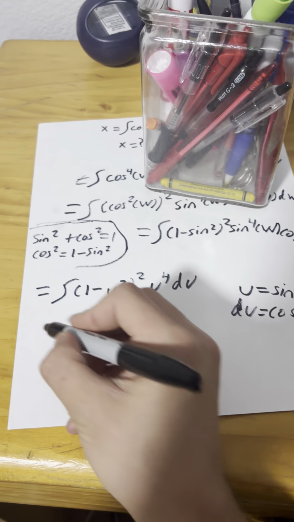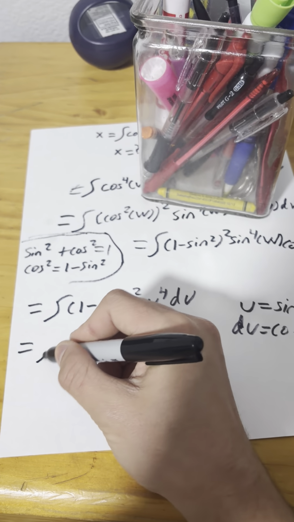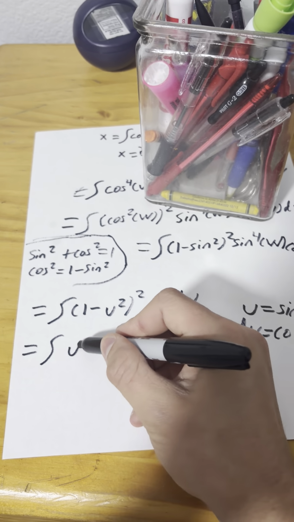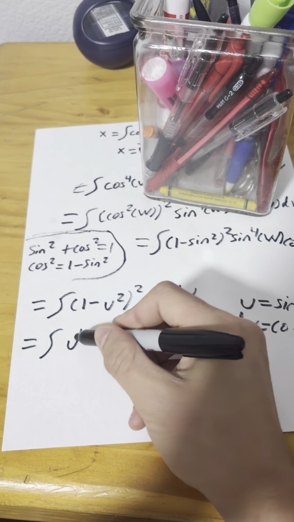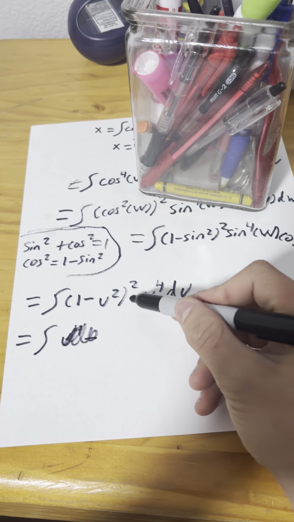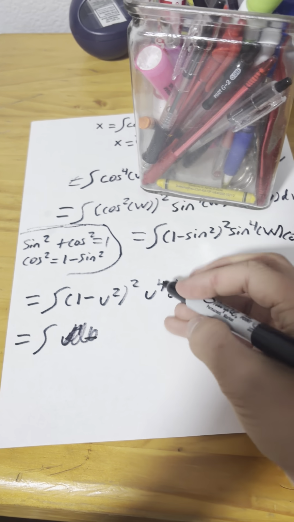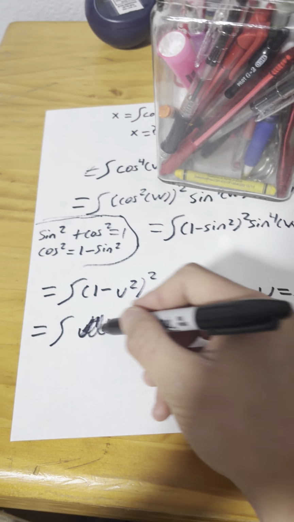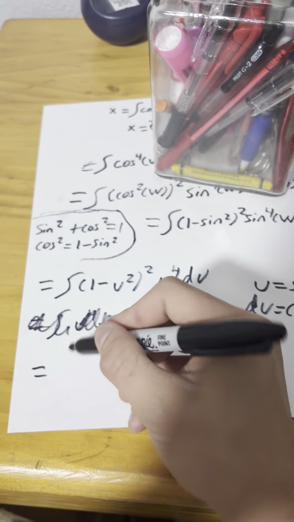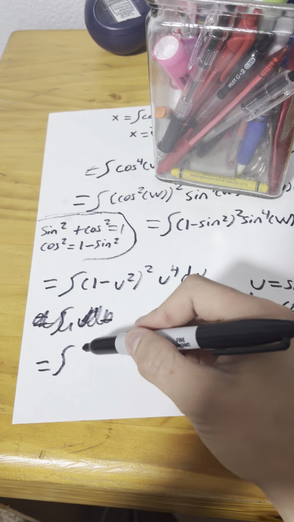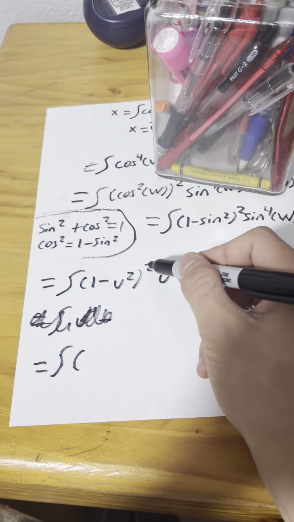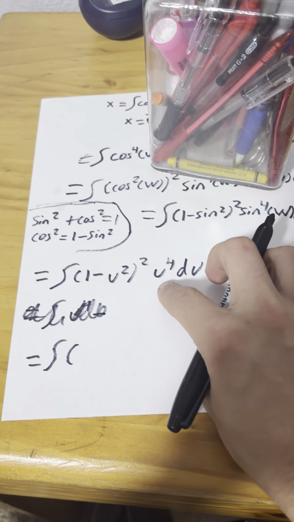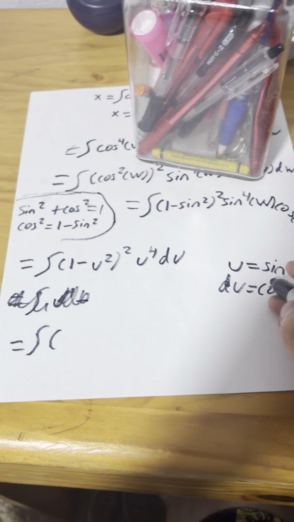Now let's expand this. Oh wait, we have to do the square first, before we distribute the u to the power 4. That's what I just messed up.